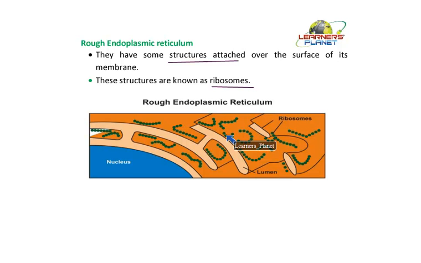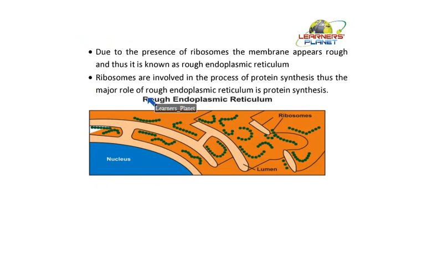So this is why the function is taking place in an interconnected manner. Now you can see how the ribosome is involved in the process of protein synthesis. These proteins which are synthesized by the endoplasmic reticulum are now transported to the target site.